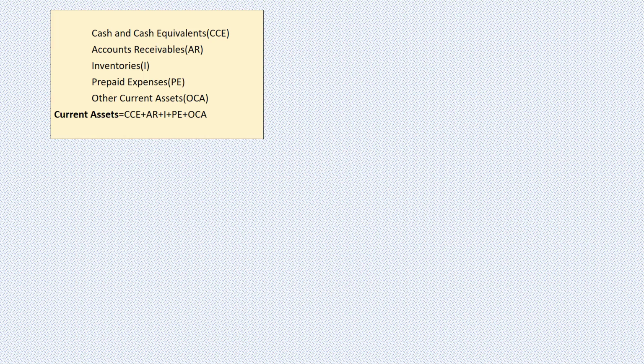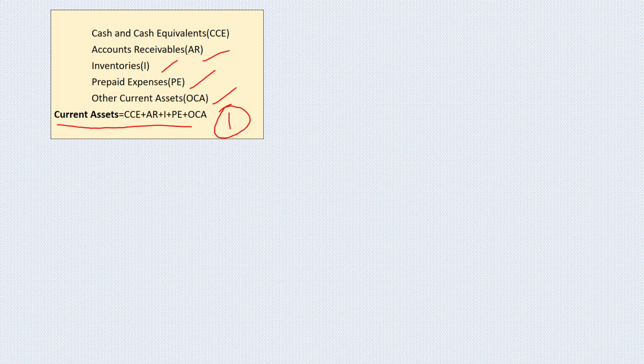Let's look at major components of balance sheet. So I want to start with current assets, right? These current assets are also called working assets, and this represents those assets that are expected to be converted into cash within 1 year. And they include cash and cash equivalent, account receivables, inventories, prepaid expenses, and other current assets.